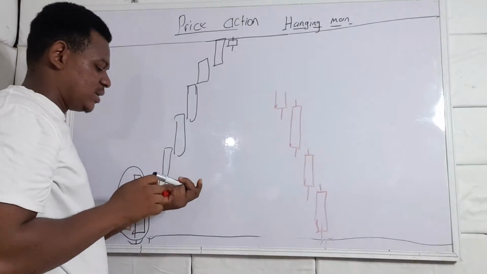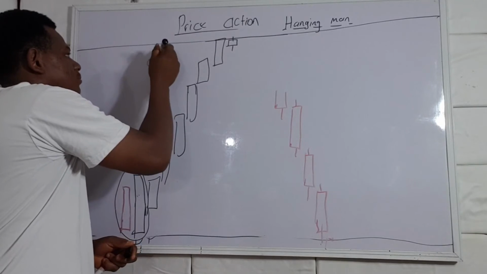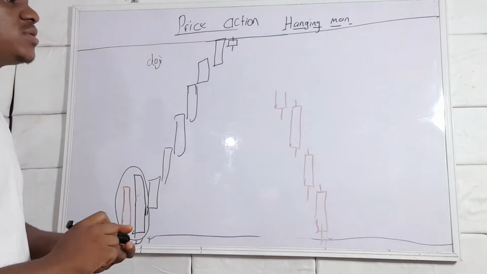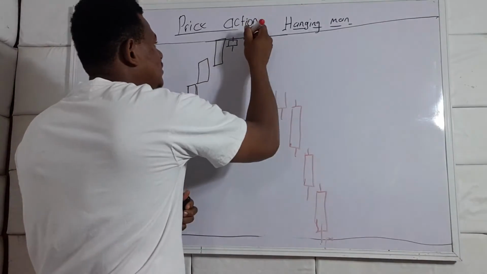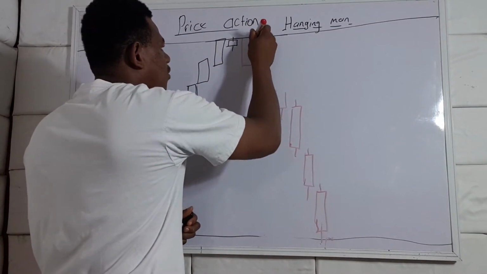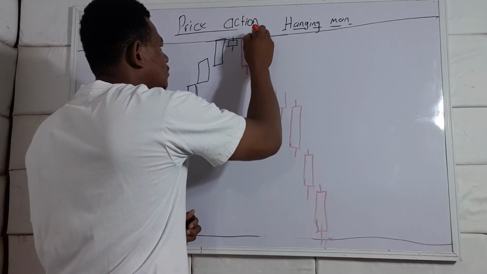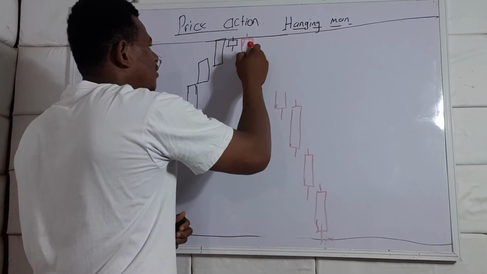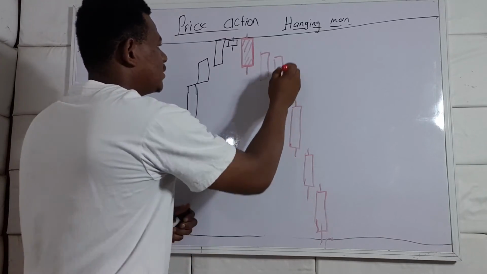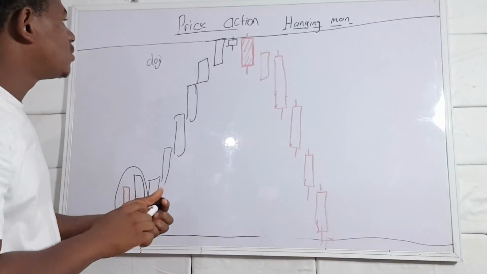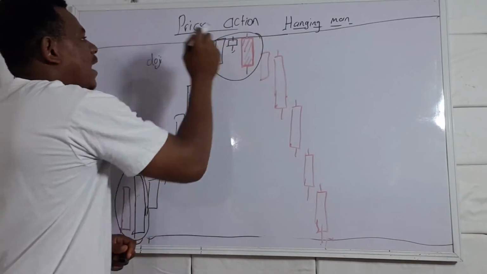You can also say that it is a doji star. So now this red one engulfed. In essence, this is what we call an evening star.